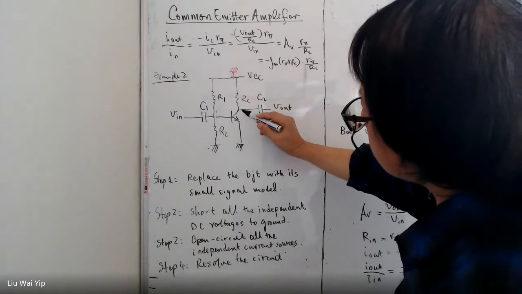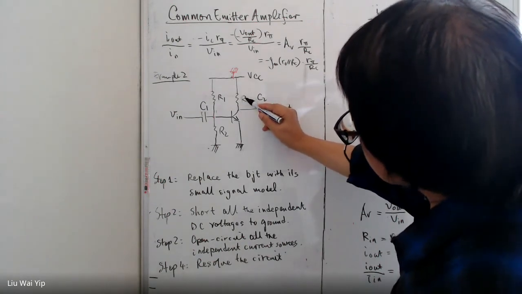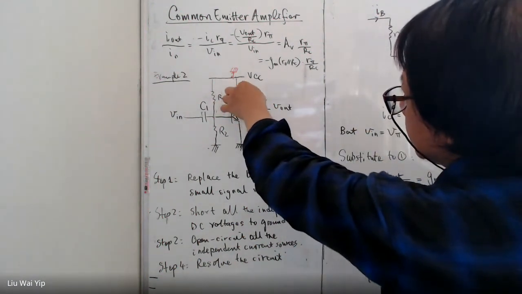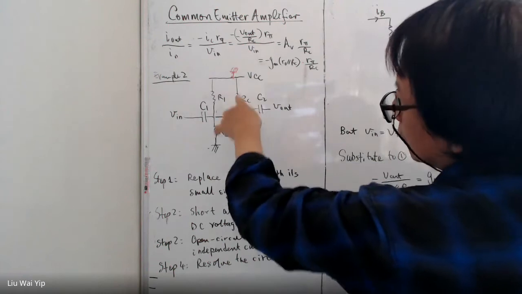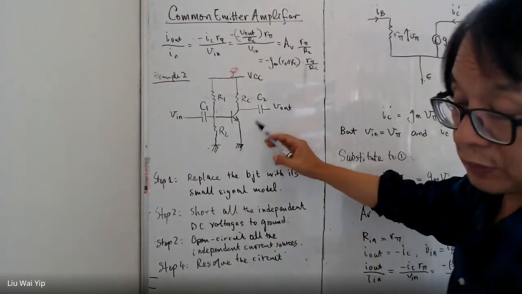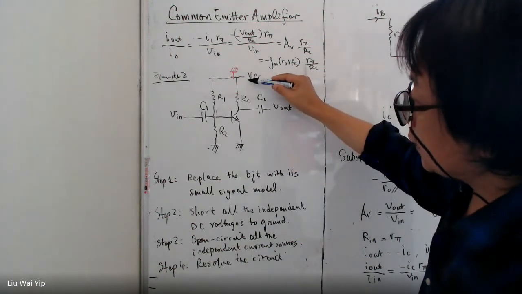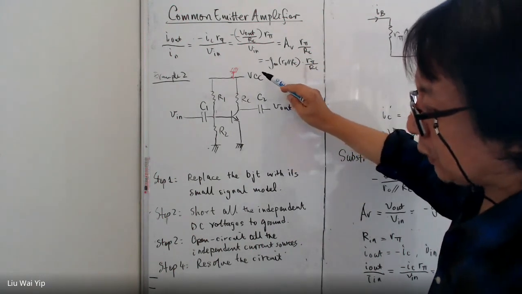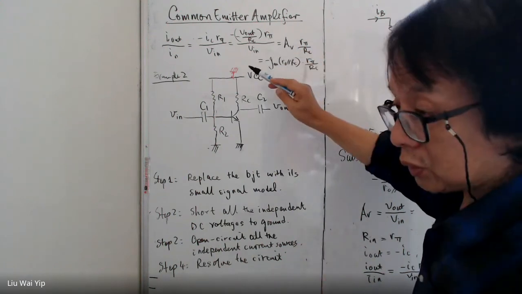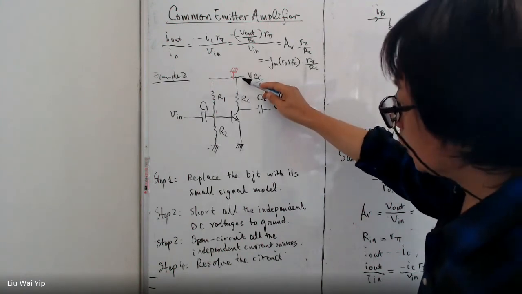And the collector is also connected to RC, and this RC has another terminal shorted to the AC ground. Remember, it is not the physical ground. In small signal analysis, all the independent DC voltages are shorted to ground, so this one is no exception. It is ground.